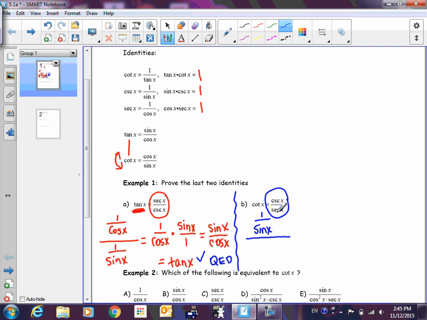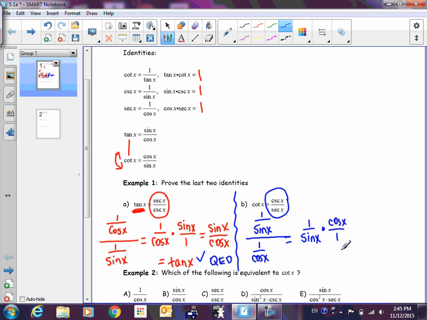And what could we replace secant x with? 1 over cosine x. And now I have the exact same situation as a second ago, where I have a fraction divided by another fraction. So I could do 1 over sine x times, if I want to divide by 1 over cosine, I'm going to multiply by cosine over 1.